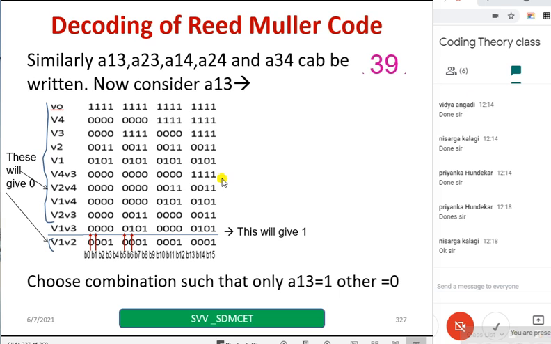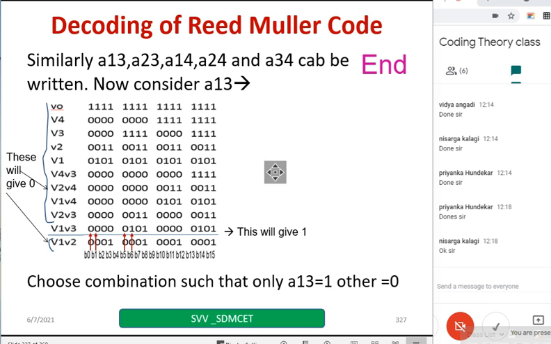This equation becomes, see, B0 plus B1 plus B4 plus B5. And next, similarly, I can add this with this with this, all four. I'll get B2, B3 plus B6 plus B7. I think Nisarga has typed.